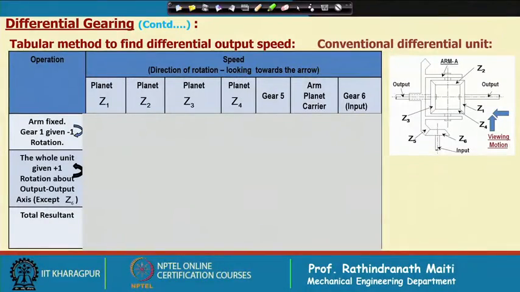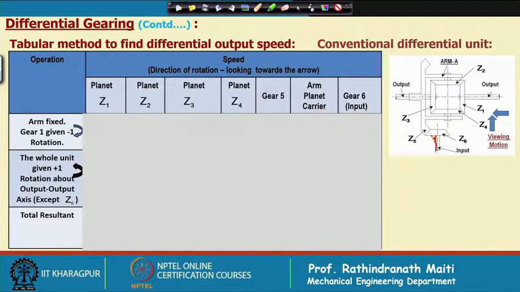Now, let us come to the conventional differential gear unit. In the conventional differential gear unit used in an automobile, the power comes from the change speed gearbox to the differential unit through this shaft.